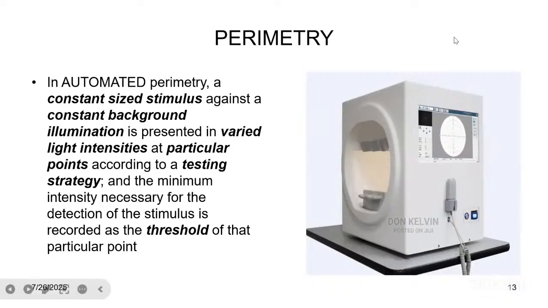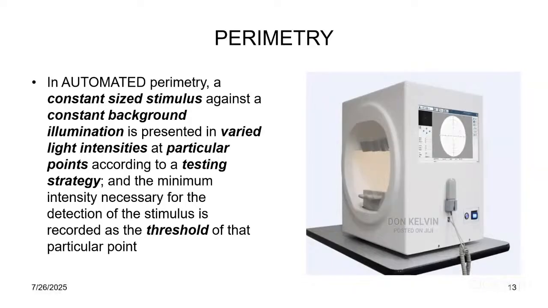So this is a diagram of an automated perimetry machine. This is where the chin rests, and the patient rests their forehead there. At the right position, we focus on a target given in the machine, and there's a constant background illumination in the machine and a constant size stimulus, which can be selected, is given.